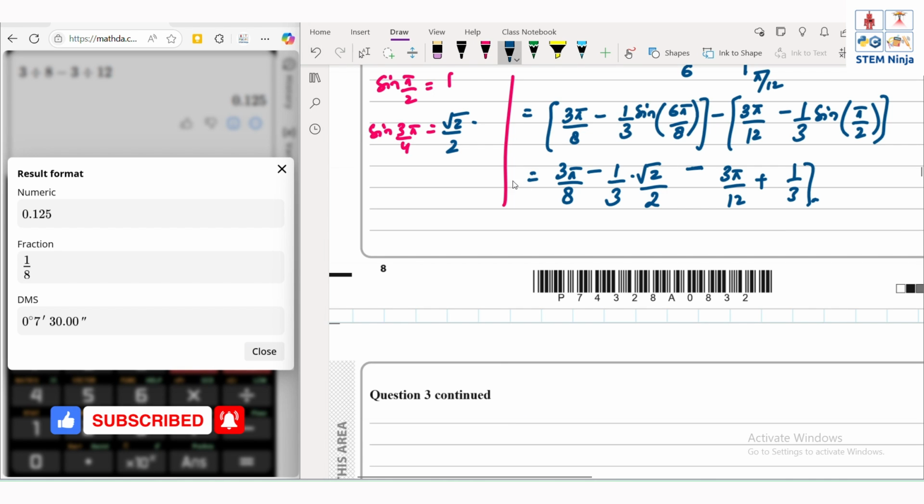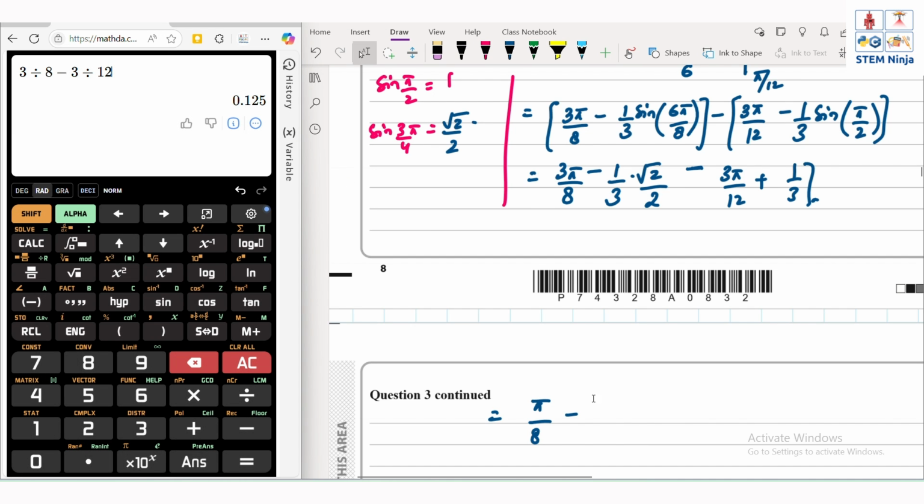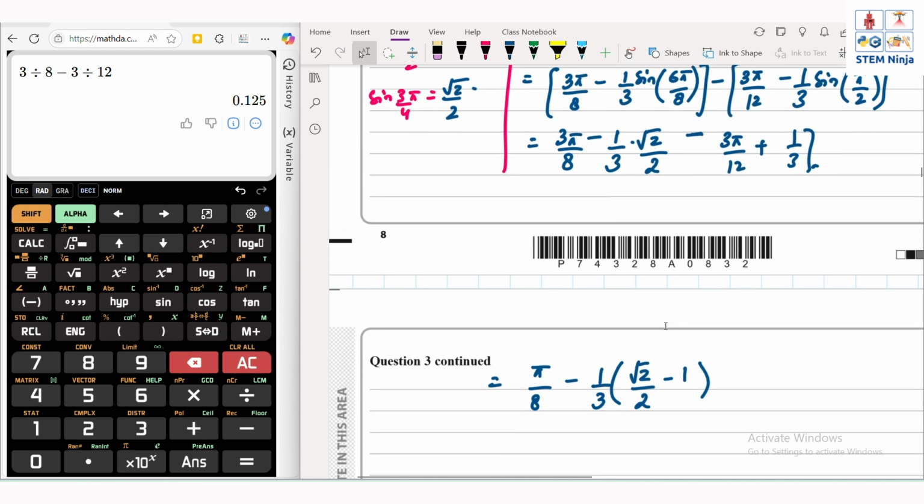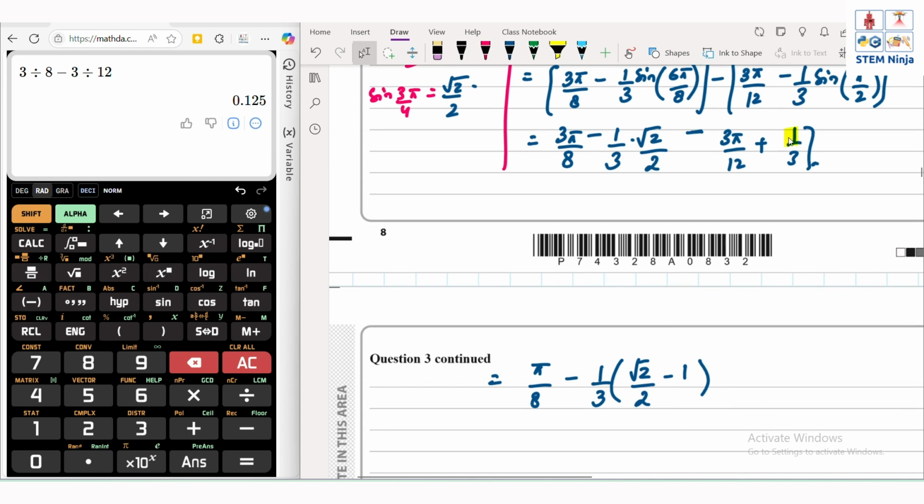So pi by 8, minus these two. No, sorry. So you will have 1/3 of square root 2 over 2 minus 1, because this one is positive and this one is negative.